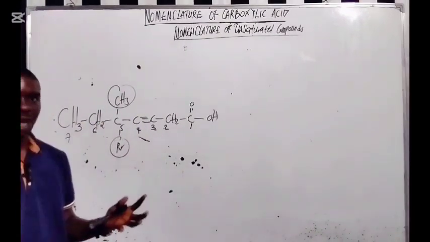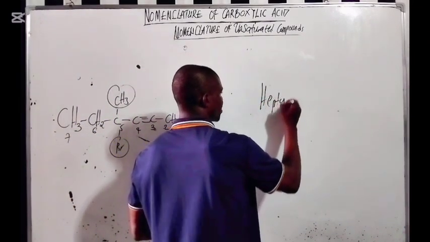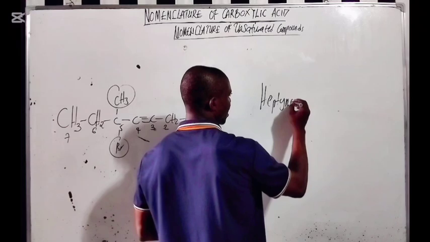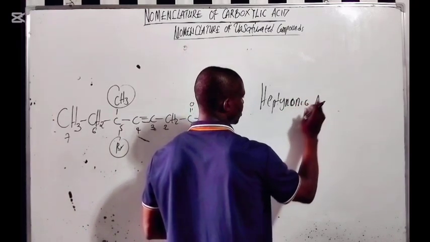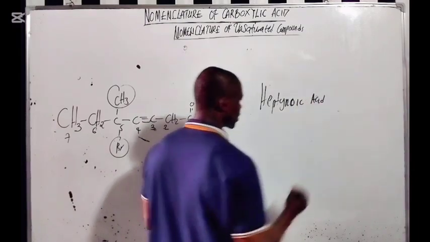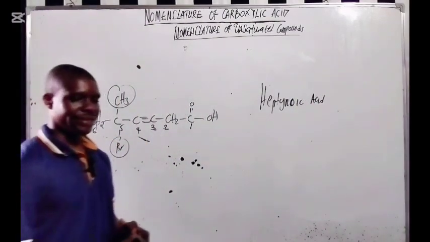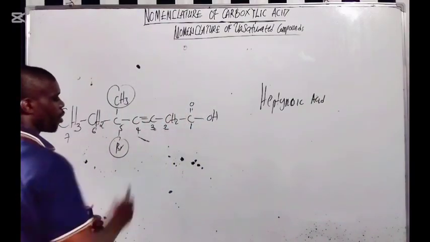Here we have 7 carbon atoms, so we go for heptanoic acid. What is the position of the triple bond here?